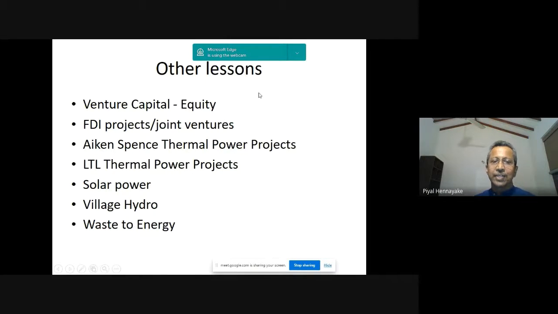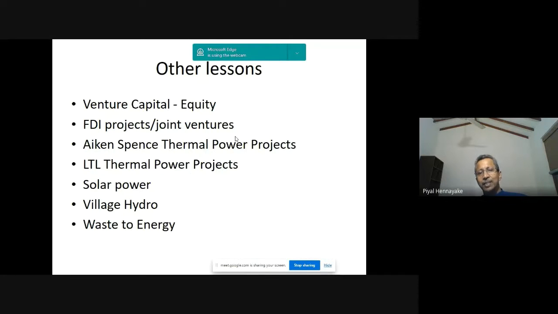So other lessons we can learn: venture capital. If there are new projects, new technology or new markets, it is better to direct them to venture capital rather than financing by banks, because banks don't have the capacity to get into new technologies.